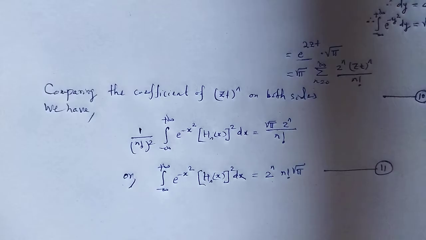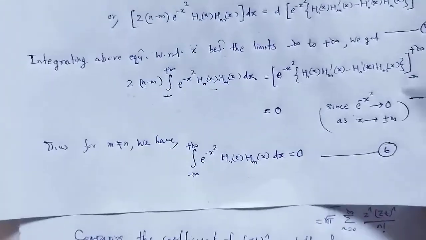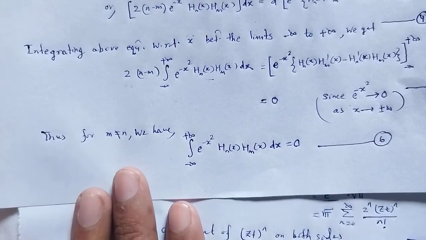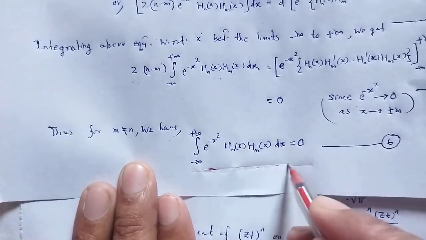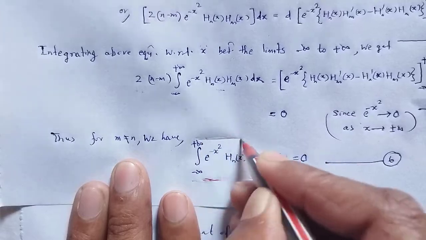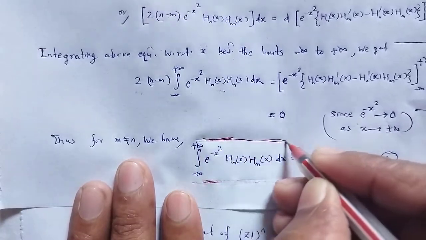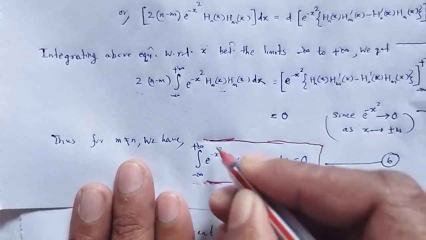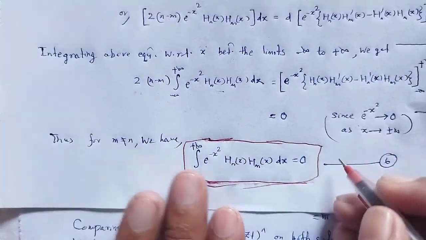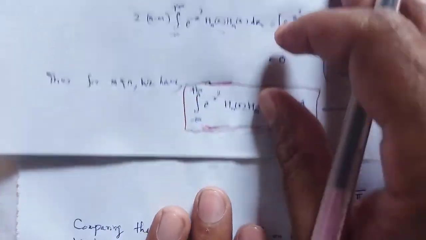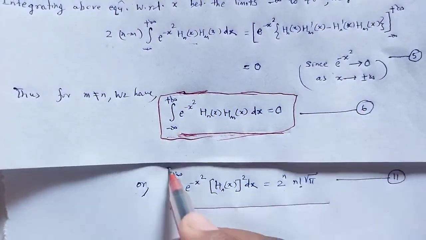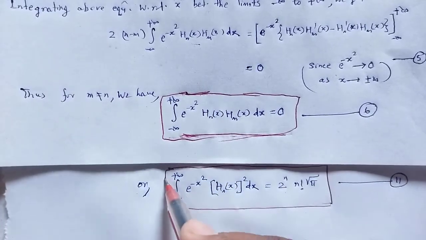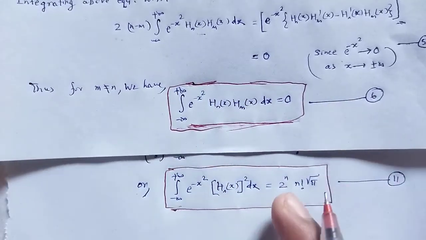Equation number 6 was obtained when m is not equal to n, and equation number 11 when m is equal to n.